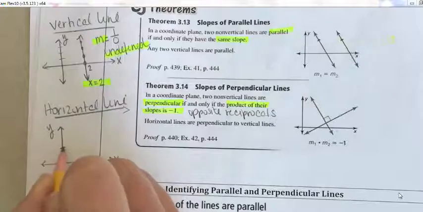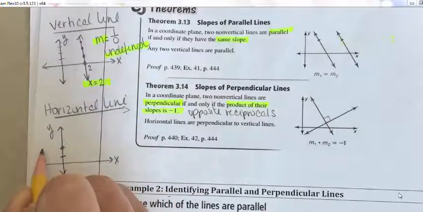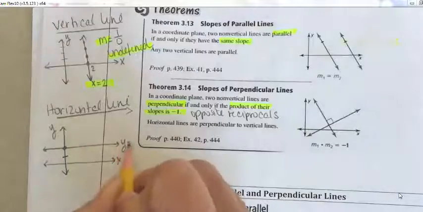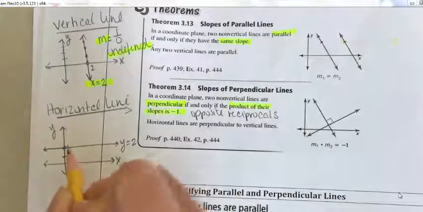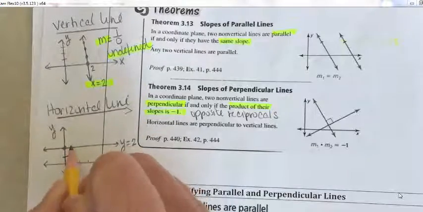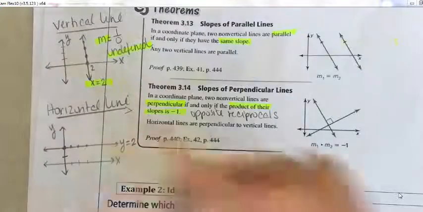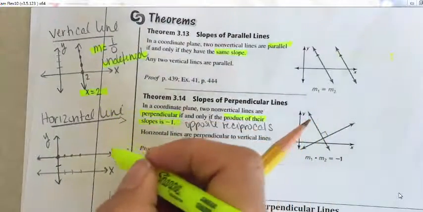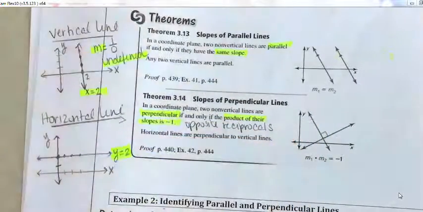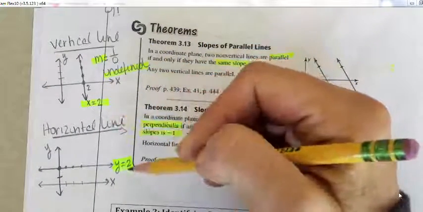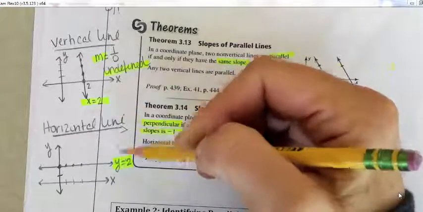So y equals 2 is a horizontal line that goes through the point y equals 2. Right? So for every single input, no matter what they are, 1, 2, 3, and so on, every single input, the output is going to be 2. So a horizontal line always looks like y equals whatever the y-intercept is. See, these guys, they don't have slopes that you can put into these equations. So writing them in slope-intercept form doesn't really work.